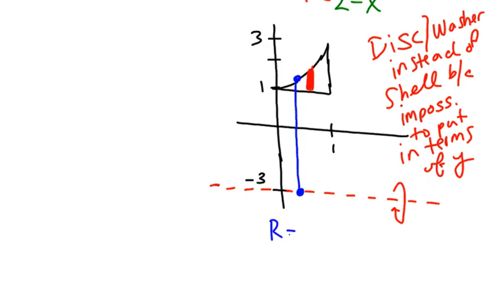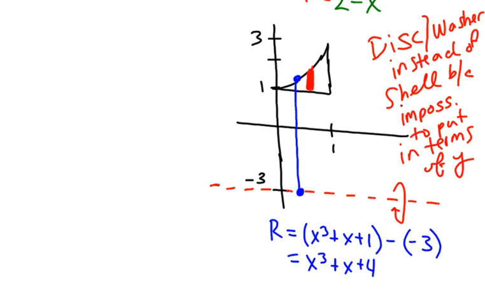So big R is the top function, which is that cubic, x cubed plus x plus 1, and then minus our bottom function, which is -3. So you're actually going to be adding that 3 on, so that's going to be x cubed plus x plus 4. And then the smaller radius, again, from the axis of revolution up to that bottom line, and that's just going to be top minus bottom, so that's going to end up being a radius of 4.